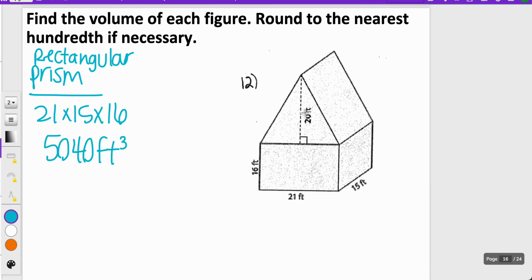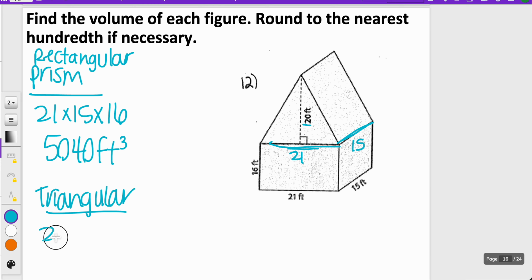And then for the volume of my triangular prism, I obviously know I'm going to use this 20, but then I'm also going to use this 21, and then from triangle to triangle is 15. So for triangles, I'm going to be doing 21 times 20 and then times 15, divide everything by 2.